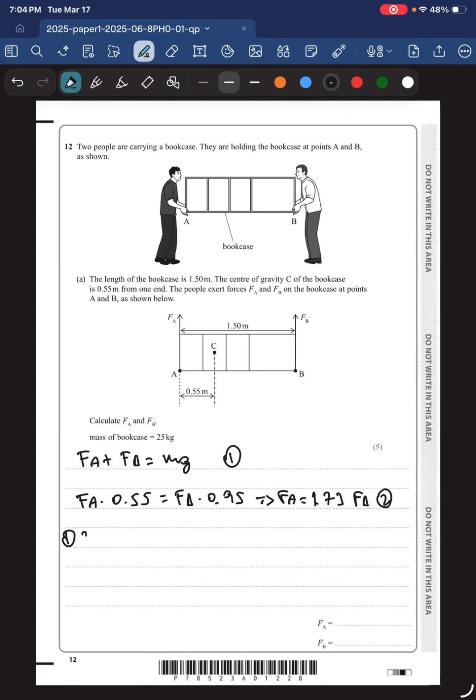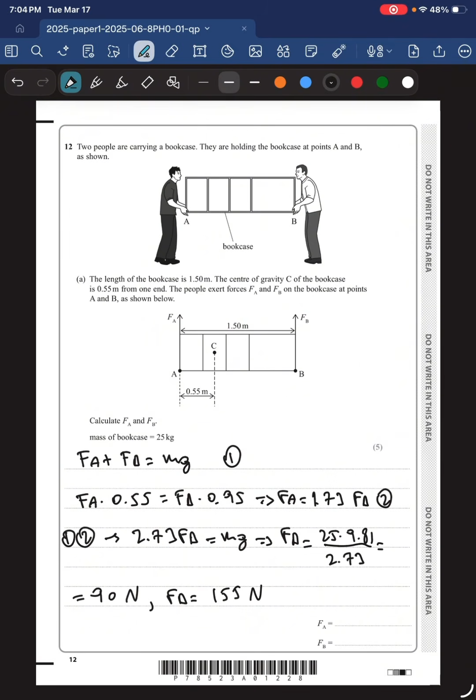This is equation 2. If we combine 1 and 2, we find that 2.73 times the force FB is equal to m times g. So FB is 25 times 9.81 over 2.73, which is equal to 90 newtons. Okay, and if FB is 90 newtons, then FA is 155 newtons, and that's the answer.